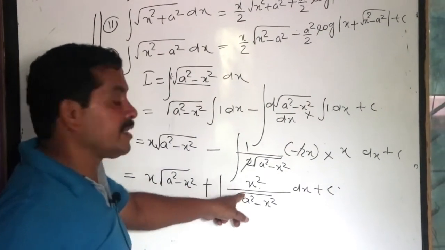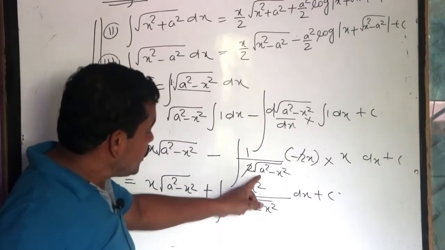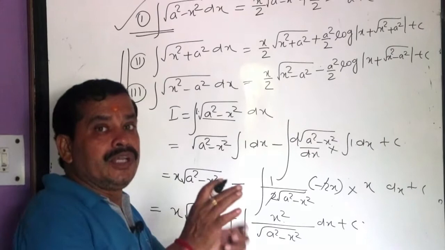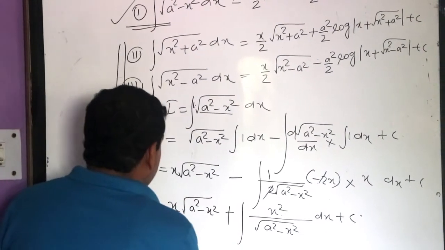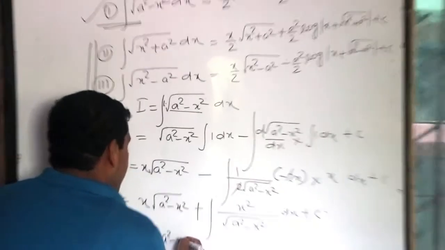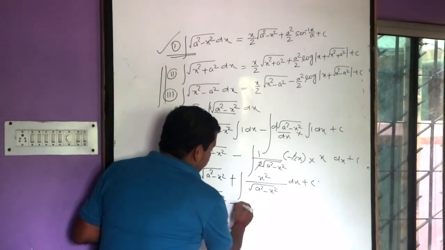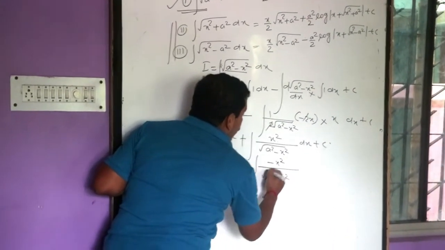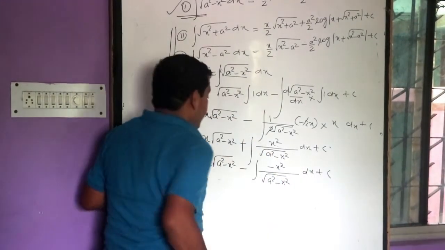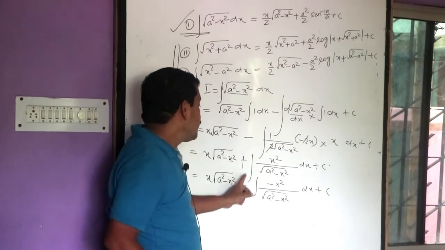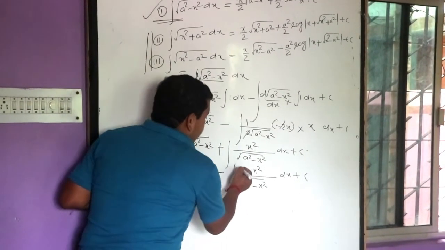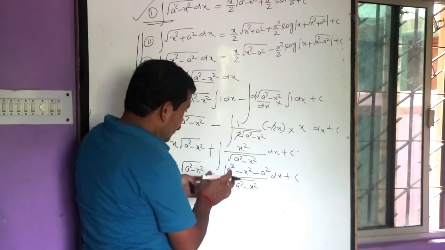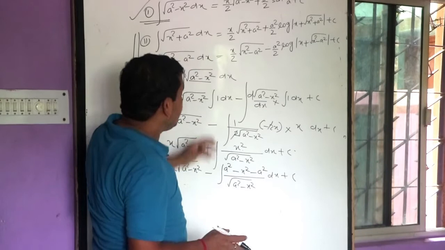Then we have to evaluate this integration. Here the numerator is x square and the denominator also contains a term a square. In this case we have to equalize the numerator and denominator. Then you add here a square, subtract also a square, because here we are equating the numerator and denominator.